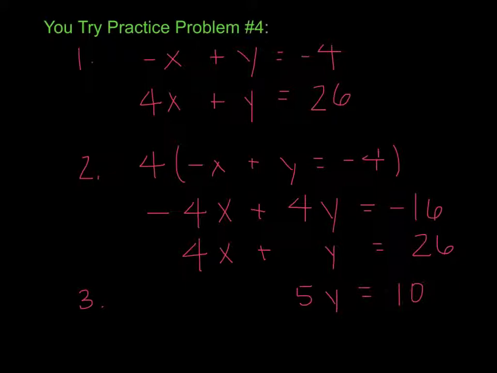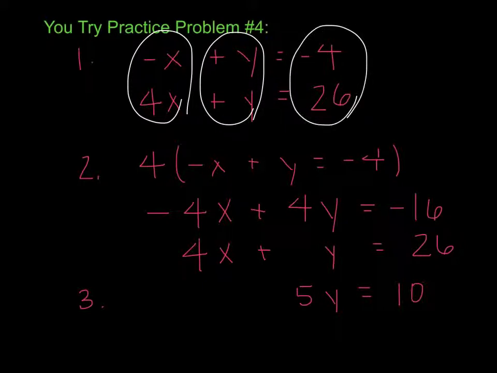First step, line up your variables. We're lined up there. Second step, I chose to multiply by 4. I was eliminating the x's. Now you can just as easily multiply one of the equations by a negative 1, and that would eliminate your y's.